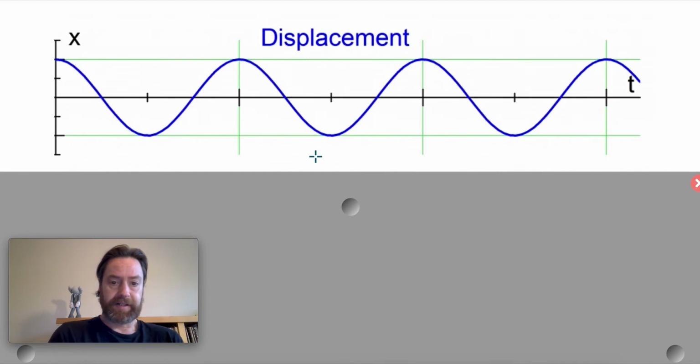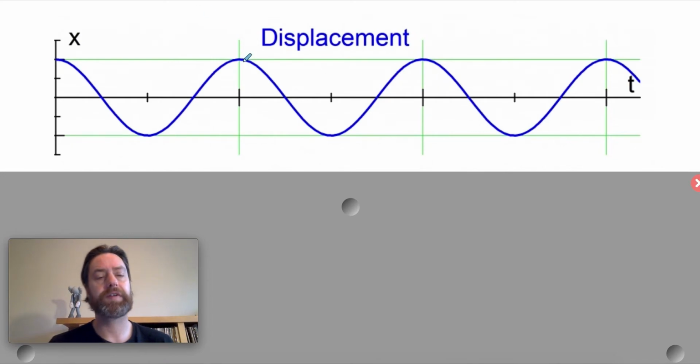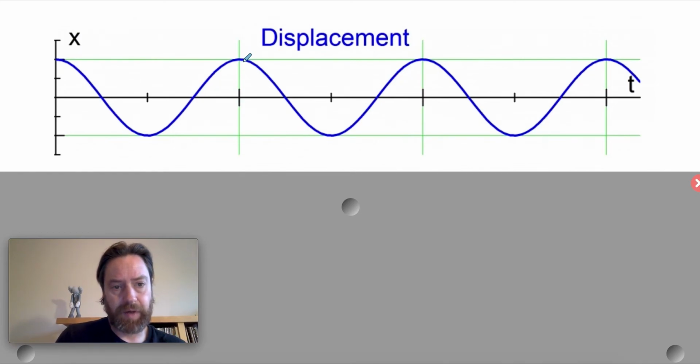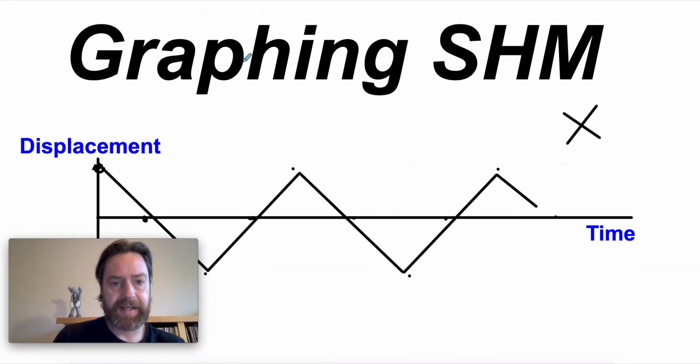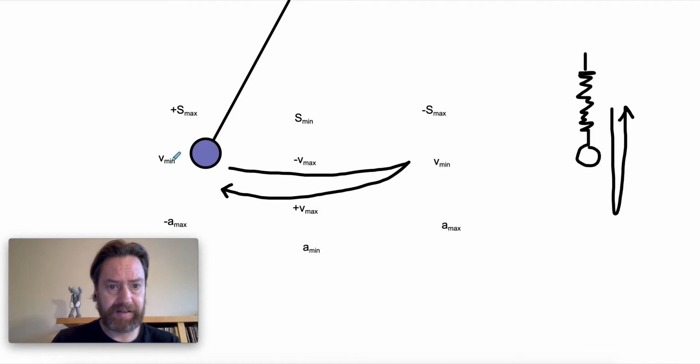Let's start just by looking at the displacement time graph and translating it into a velocity time graph. Now let me just see whether I can do this. Right, I can. So one of the things we can do is go back all the way to this that we did last time, where we said that when we have a maximum positive displacement, the velocity is at a minimum, the velocity is 0.